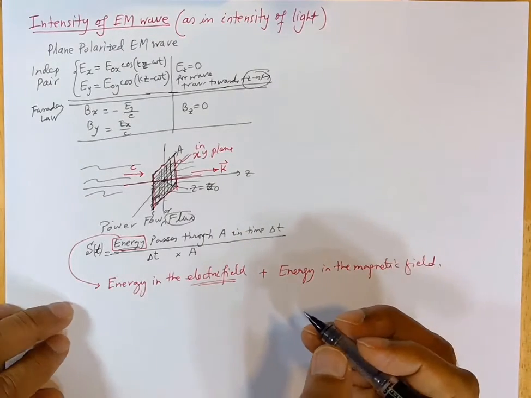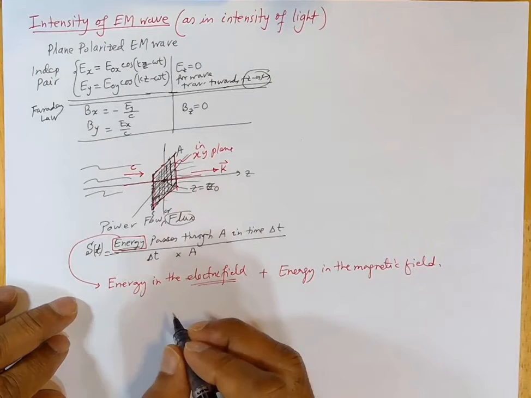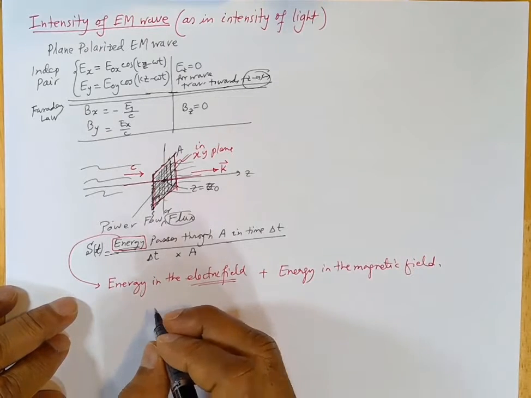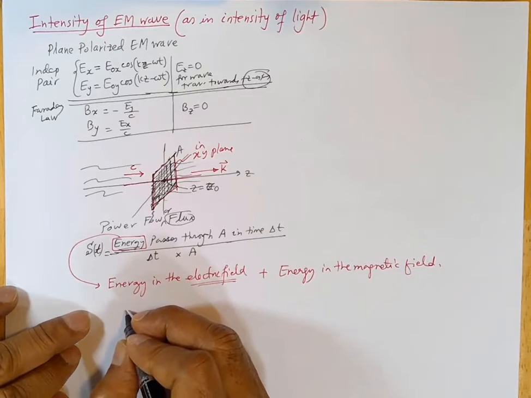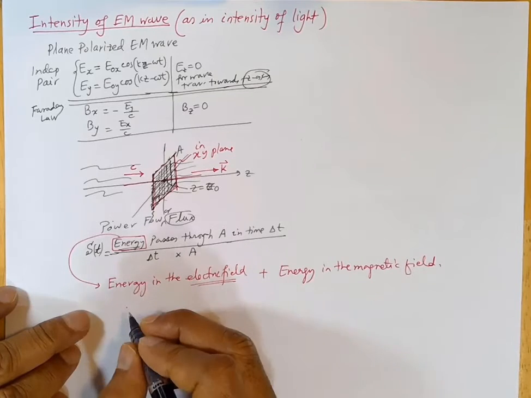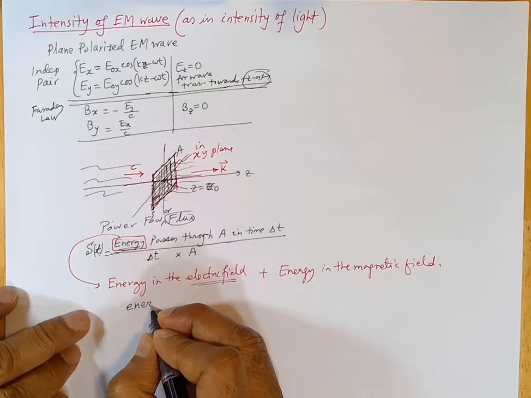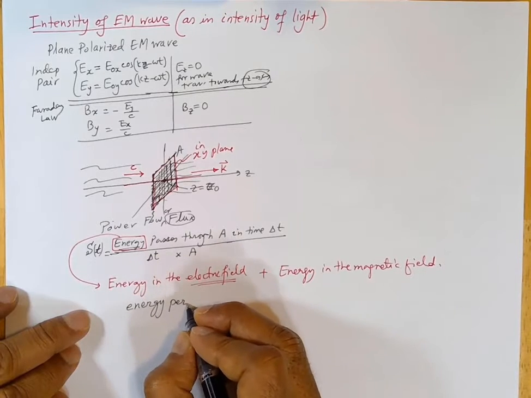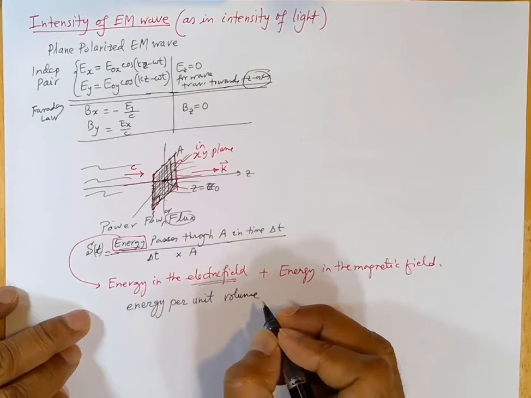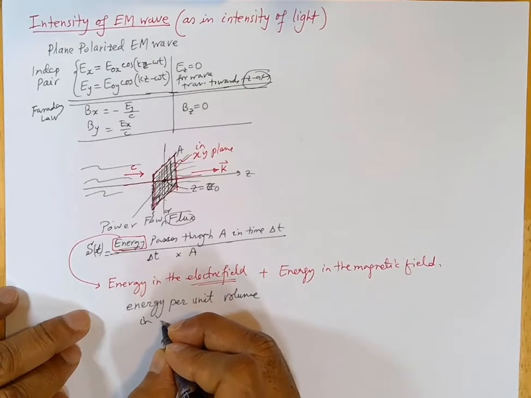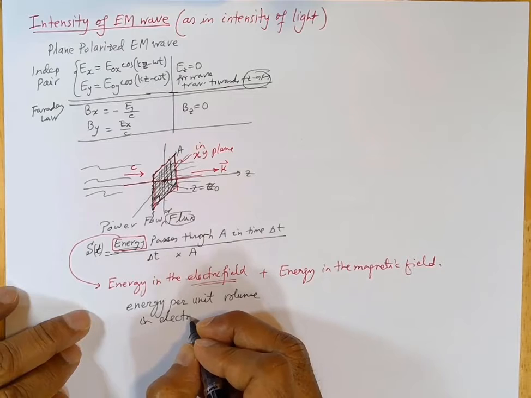Maybe you remember from studies before, but I will write this formula. We don't have energy in the field directly, but we define energy density, energy per unit volume, in the electric field.